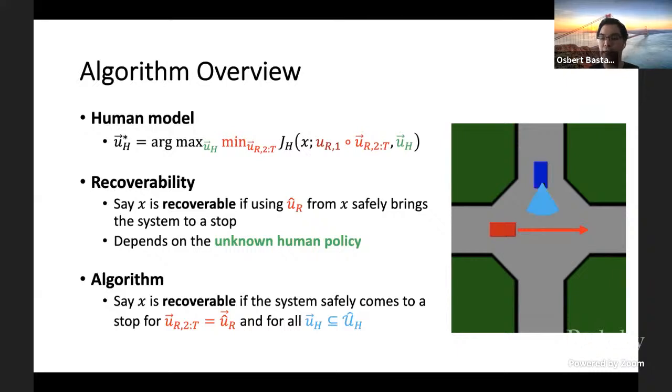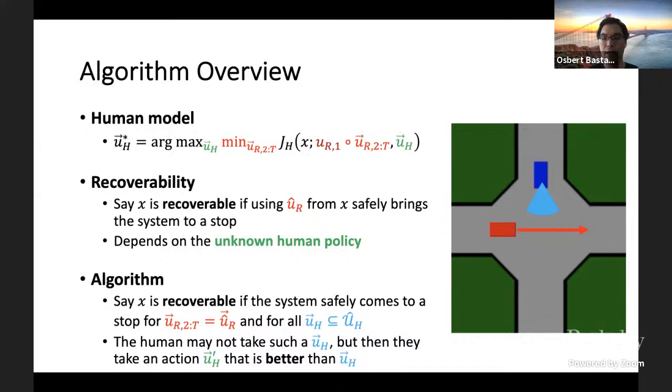In this toy example I'm showing on the right-hand side, assuming this is the reachable set under U hat H, then the system is in fact safe, the robot is in fact recoverable, because the human will safely come to a stop, the robot will safely come to a stop, and the two of them won't collide.